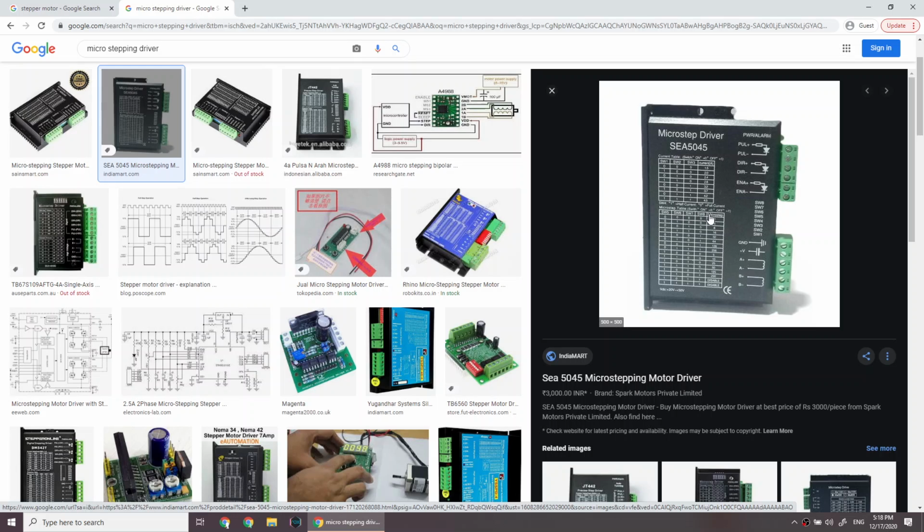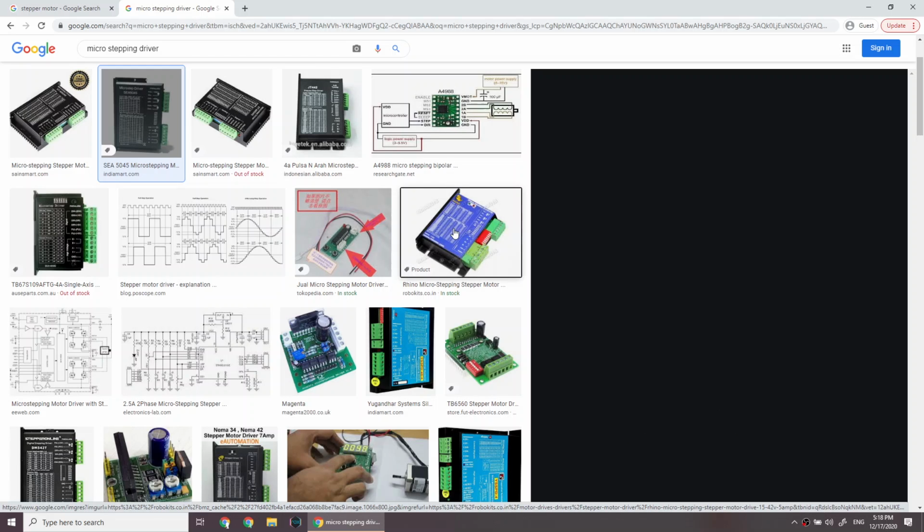If you use micro-stepping, you can decrease this up to a very big number. It depends on the factor. If you set the micro steps to 2, each normal step will be divided into 2 steps. So a 200-step motor will become a 400-step motor after using the micro-stepping feature.